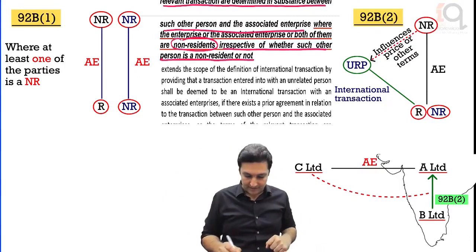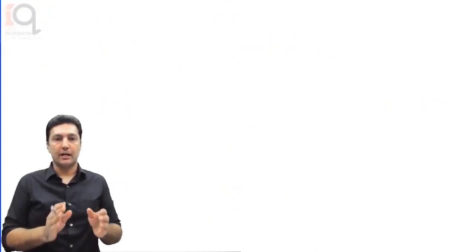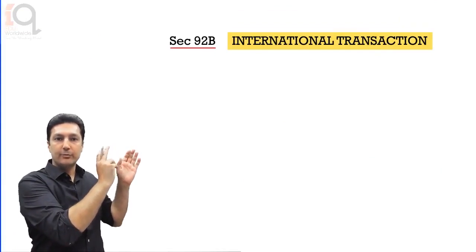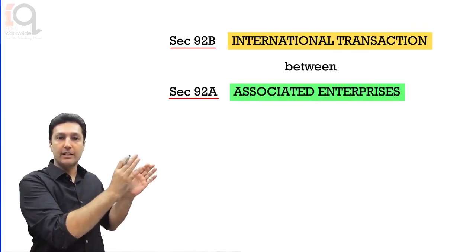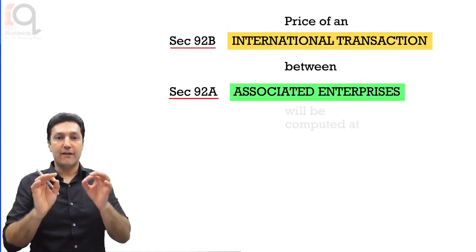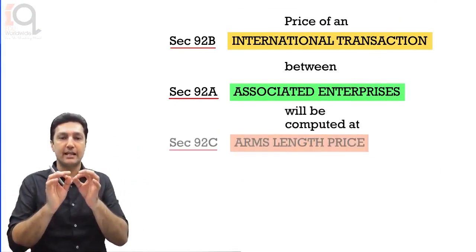Now just to summarize this, we say that if there is an international transaction which is defined under 92B between associated enterprises, then the price of that transaction can be found out by using one of the methods given under 92C.